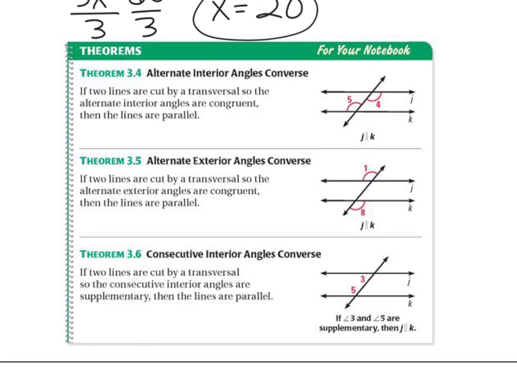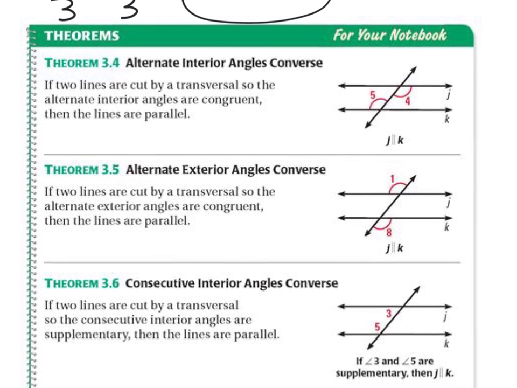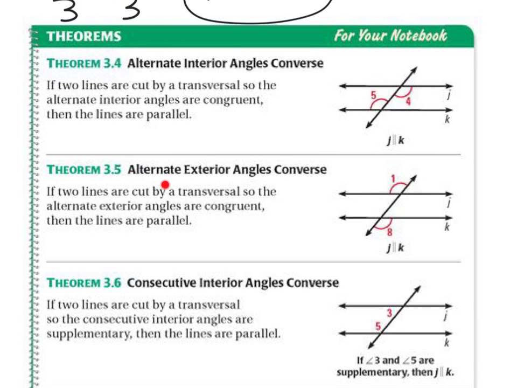Three more to add to that, and it's literally what we've talked about for the last two lessons. It's just flipping them around. Alternate interior angles, alternate exterior angles, and consecutive interior angles, or as we like to call them, the same side ones.